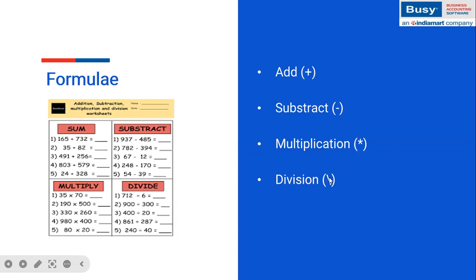I defined it here. If a field is not available in Busy, you can call many of the fields and apply a formula by adding, subtracting, multiplying, or dividing. You can configure the formula like that in Busy.